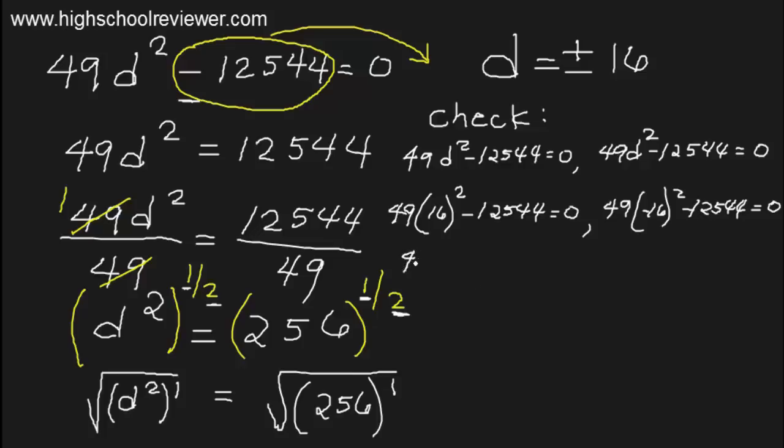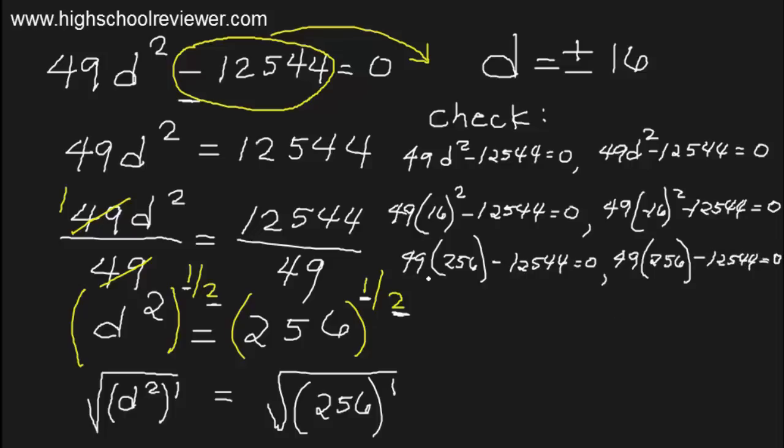So this will be 49 times 256 minus 12,544 equals 0. And this will also be 49, negative 16 raised to the power of 2, that will also be 256 positive, minus 12,544 equals 0. Now, 49 times 256, that will also be 12,544.